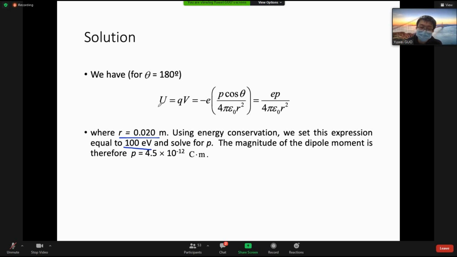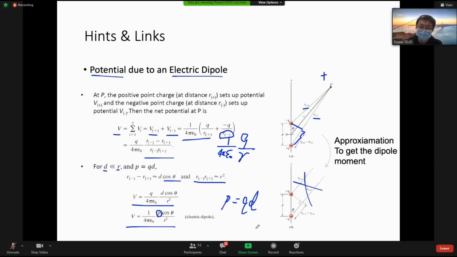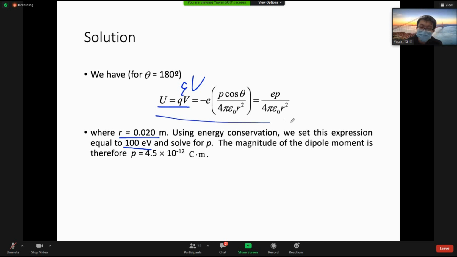And the energy at this point we can express as Q times V, because we have known V. The expression has been calculated here. So using this energy equals 100 eV and R equal to 0.02 meter, we can get the magnitude of the dipole moment, P.